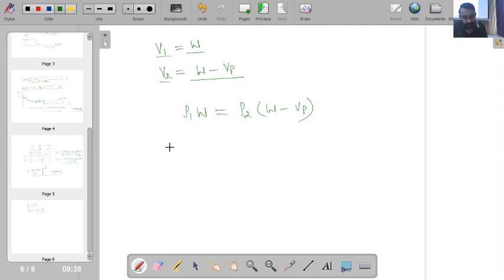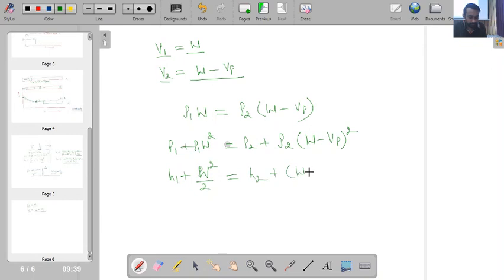Then P1 plus rho 1 W square equal to P2 plus rho 2 into (W minus Vp) square, and similarly I get H1 plus W square by 2 equal to H2 plus (W minus Vp) square by 2.